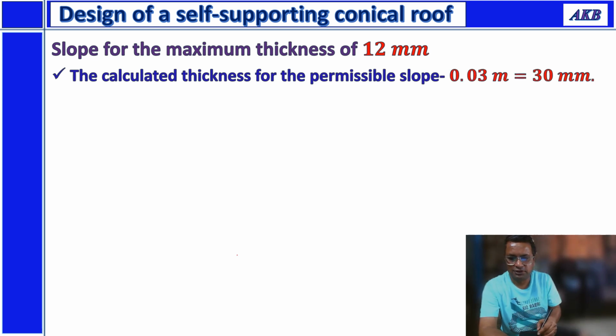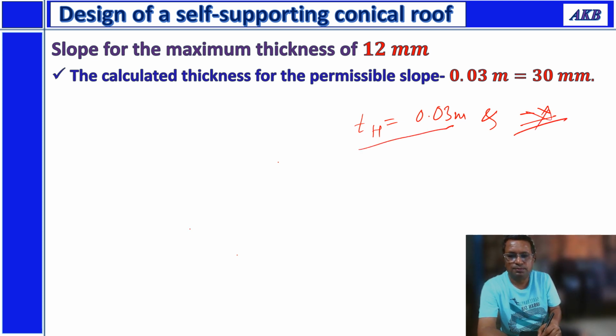Before I proceed, let me talk about the previous calculation. At the end of the previous calculation, we had got th as 0.03 meter, and the other value was negative, and we have discarded that.